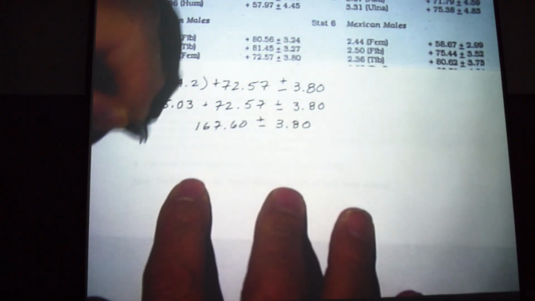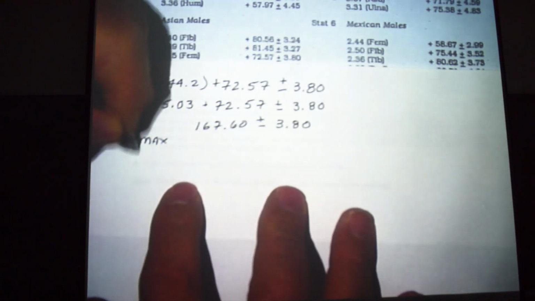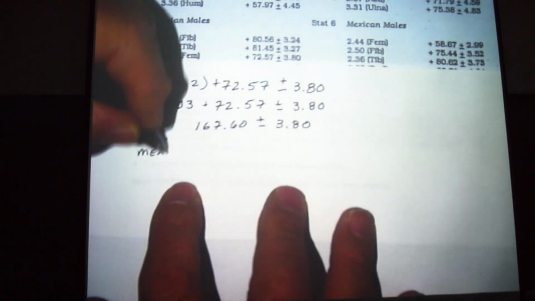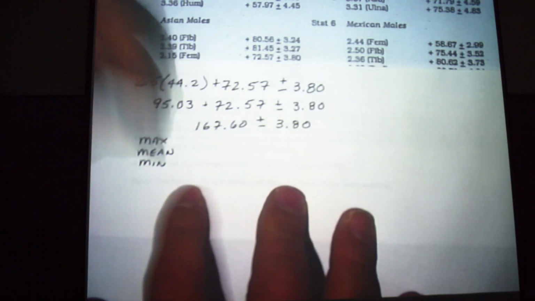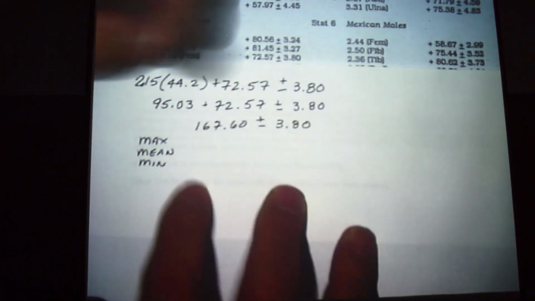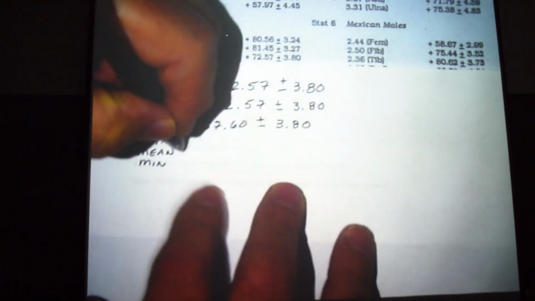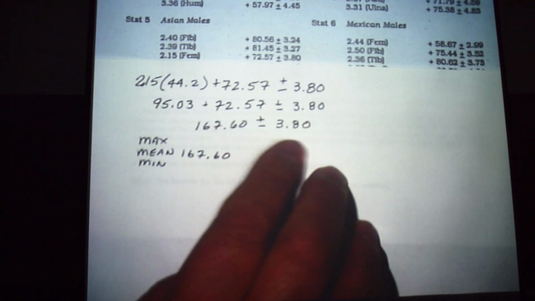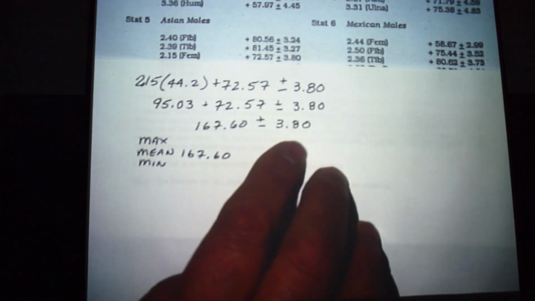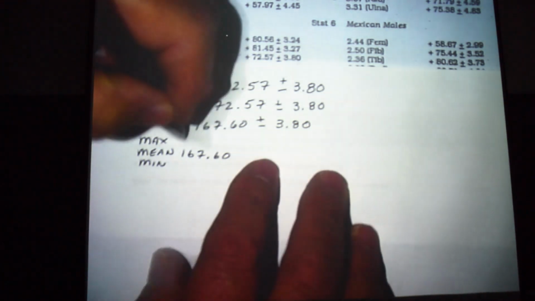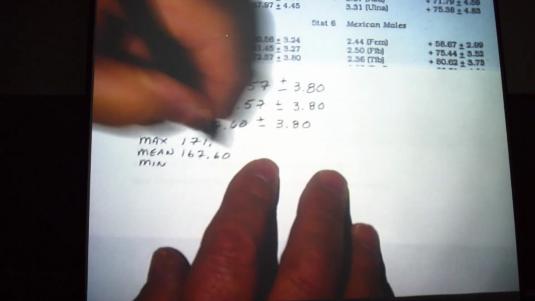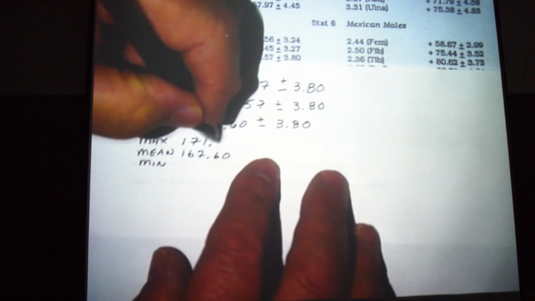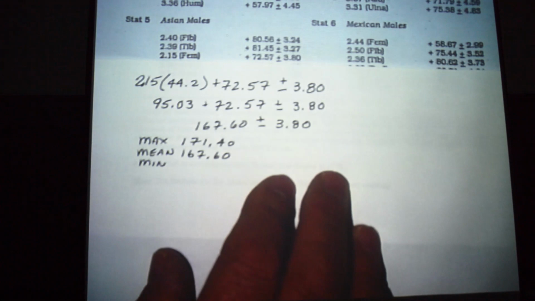We want the maximum, the mean, and the minimum estimation here. We've already got the mean. It's 167.60. In order to get the maximum, we're going to add 3.80, which is going to give us 171.40.